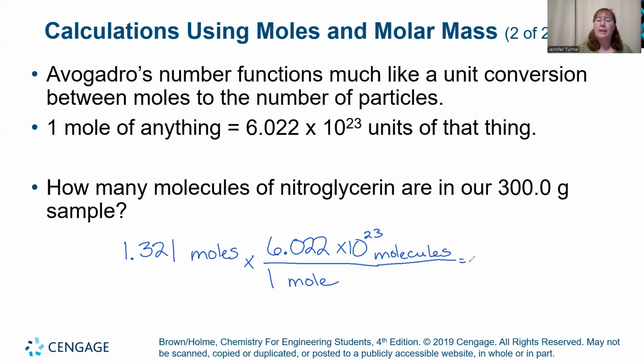Okay. We can keep our 4 significant figures. And so this becomes 7.954 times 10 to the 23rd. And that's molecules of our nitroglycerin. That's C7H5N3O6.